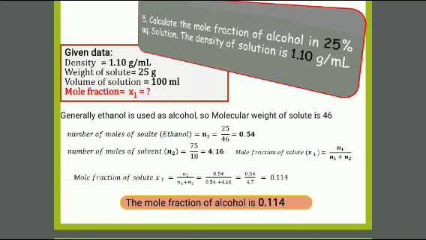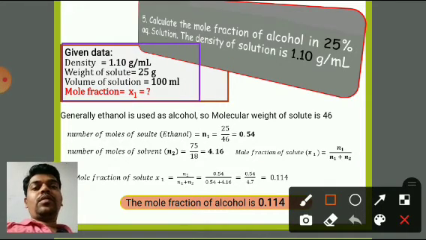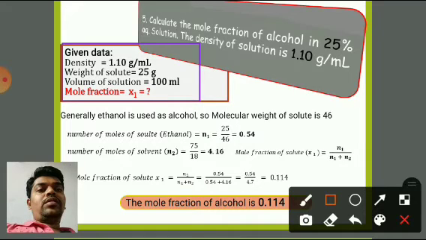Now the given data is: the density of that solution is 1.1 gram per ml, the weight of the solute, that is alcohol, is 25 gram, and the volume of the solution is 100 ml. We have to calculate the mole fraction of alcohol, that is x1.